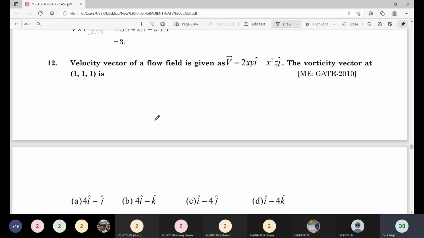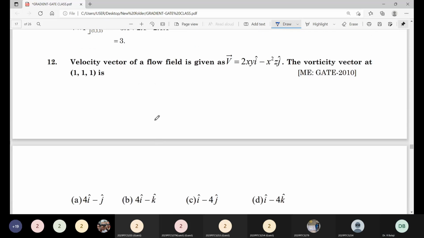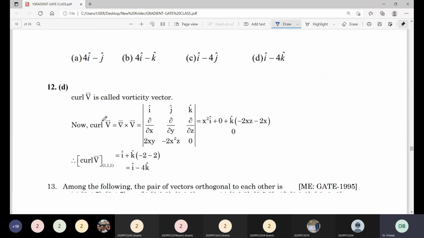Next, the vector flow field is given by V vector is equal to 2xy i vector minus x square z into j vector. The vorticity vector at 1 comma 1 comma 1 is, see, already we have seen the same model.